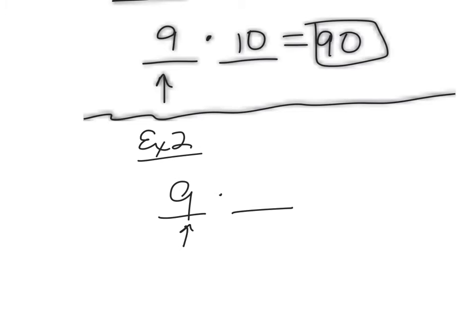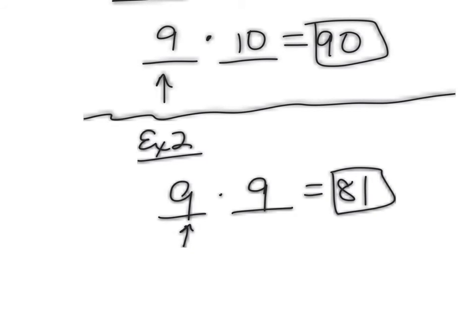If the first digit's a 3, I can't have a 3 second because that'd be repeated digits. If it's a 5, I couldn't have a 5 second. So what do I have? I went from 10 originally, now I'm down to 9 because I can't repeat whatever the first digit was. So I have only 9 choices for the second digit, which means there are 81 two-digit numbers without repeating digits.